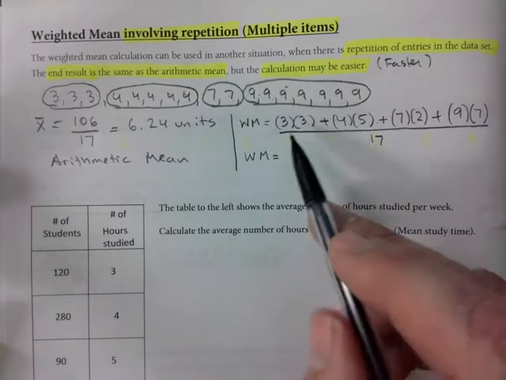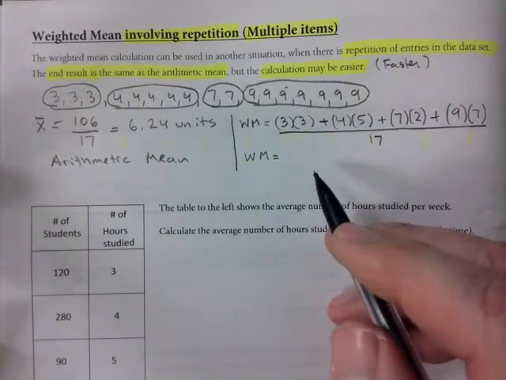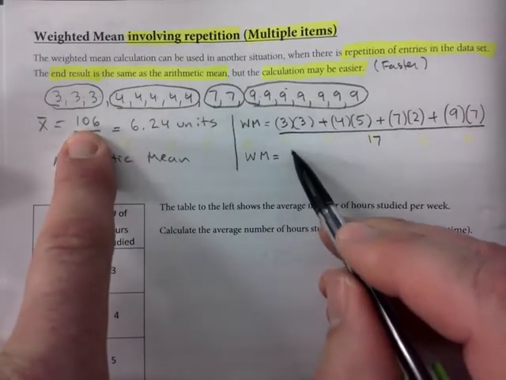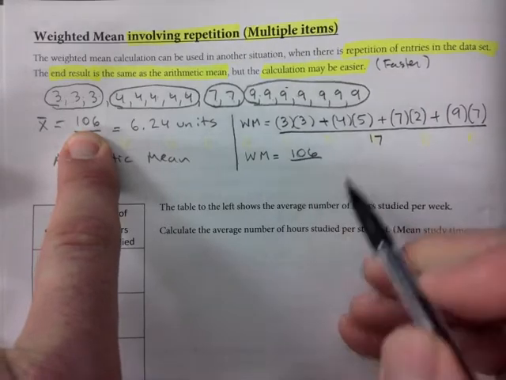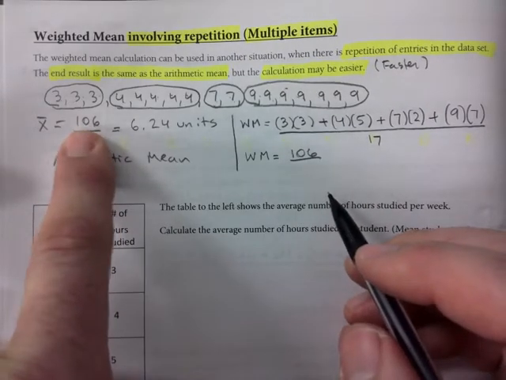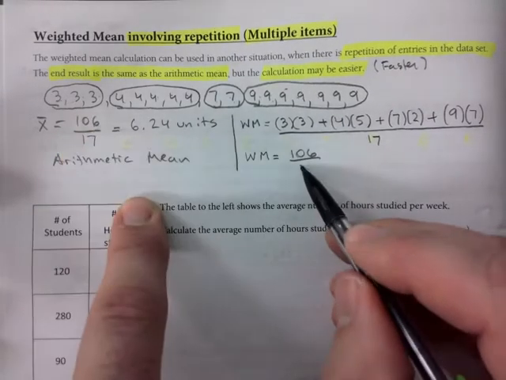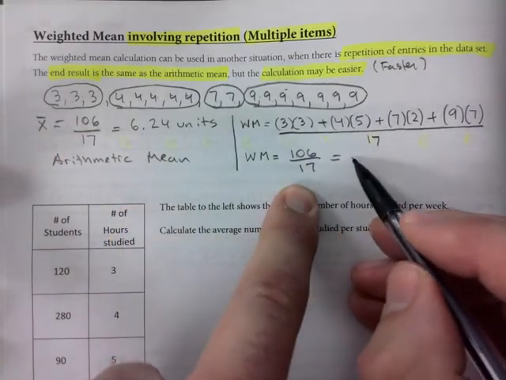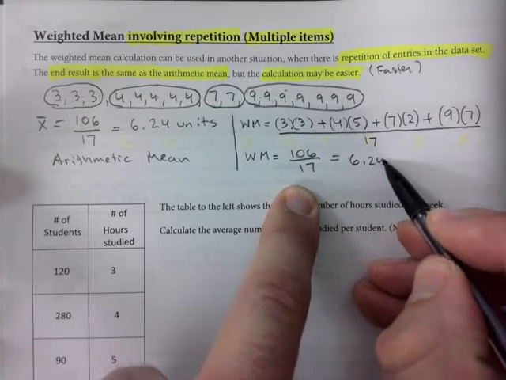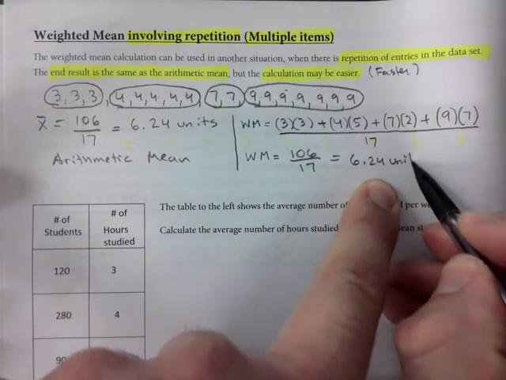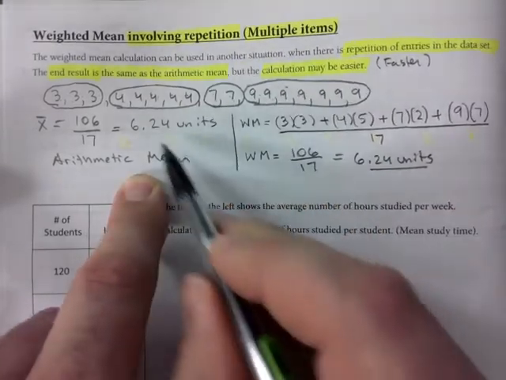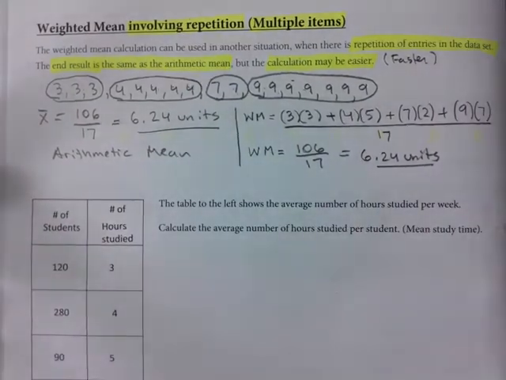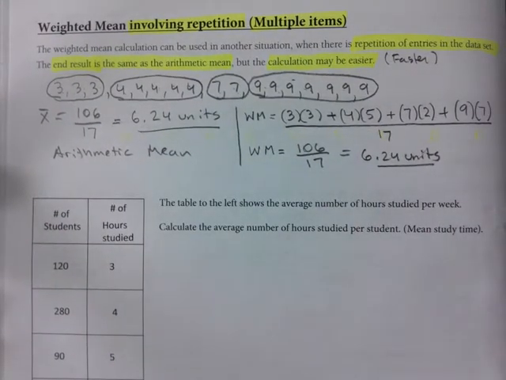So what does the top add up to, you think? 106. Yeah, I'm not even going to type that in. I know it's going to be the same thing. And I still have 17 values. So when I divide this, I still get 6.24 units. So the end result is the same, but can you imagine having hundreds of repeated values?